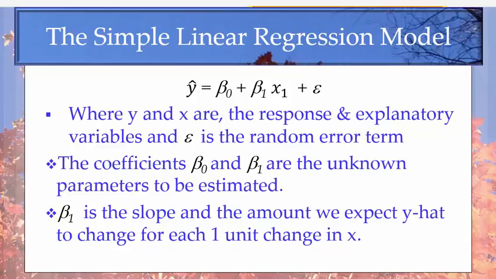Beta 1 is the slope that we're after, and the amount we expect y hat to change for each 1 unit change in x1. So all that will keep coming up, and you'll understand that as we work through this. So for each 1 unit increase that we add for x1, then we expect the y hat variable to change by the slope amount.